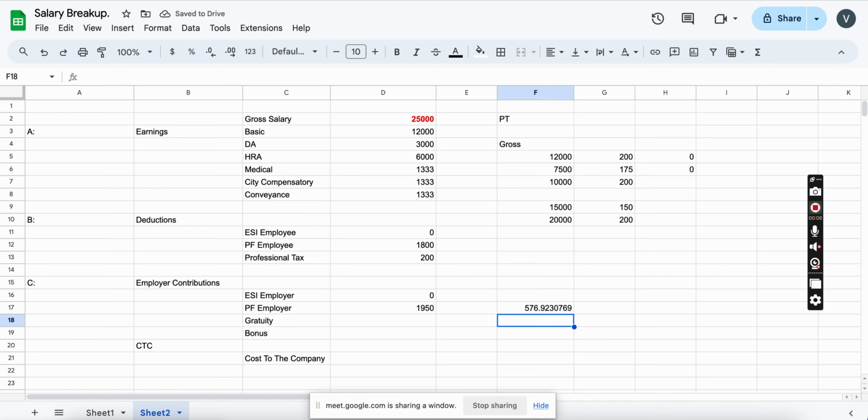That's when I get my 1 day salary. This into 15 days salary, and then into the number of years, so suppose 5 years, so this will be my gratuity amount.